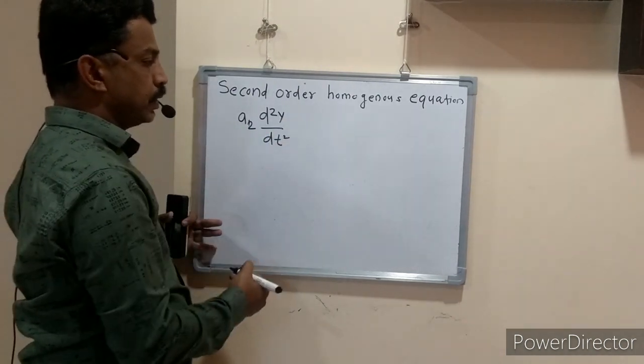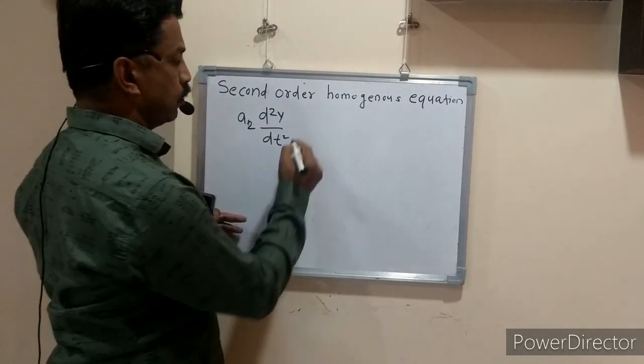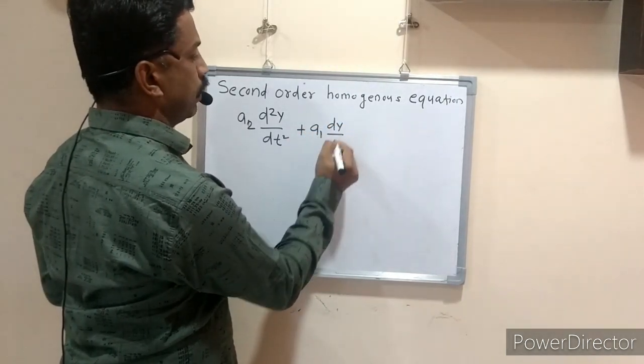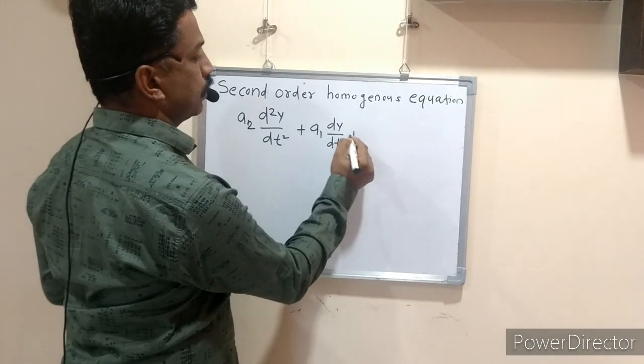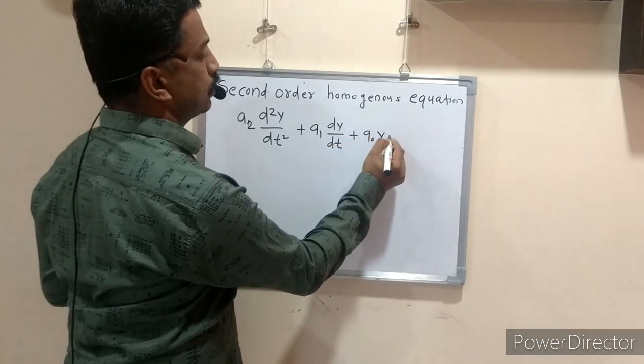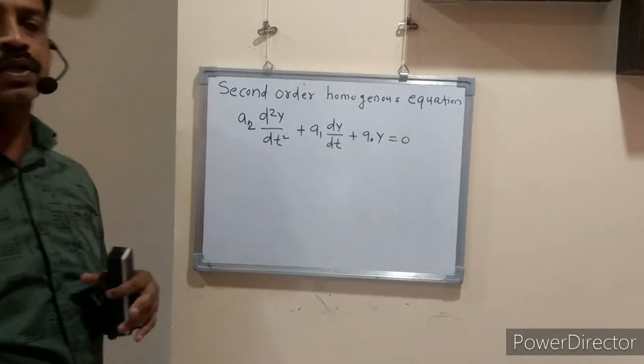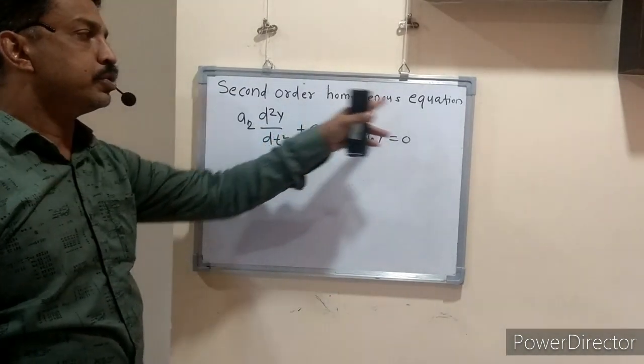Here y is the dependent term and t is the independent term, as we have already seen. Plus a1 dy by dt plus a0y equal to 0. Such type of equation is known as second order homogeneous equation.